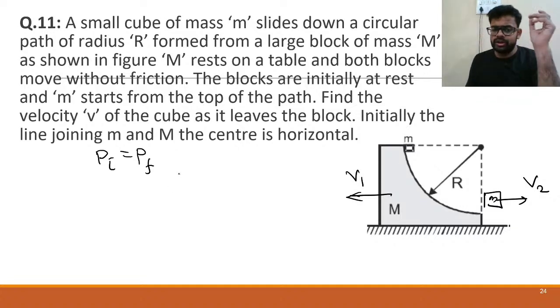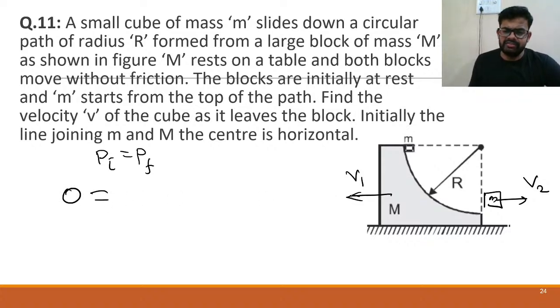Initially the entire system was at rest, so initial momentum is 0. Finally the entire system is moving, with velocity v1 with respect to ground for the big block, and for the small block it is v2. So I will write what? Capital M into v1. This is negative because it is moving in the leftward direction.